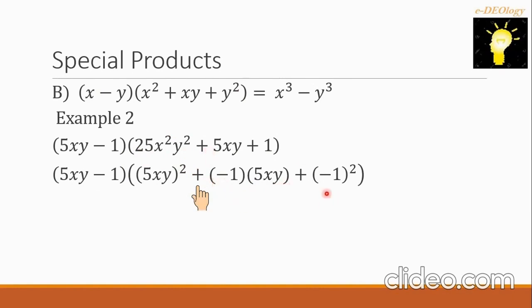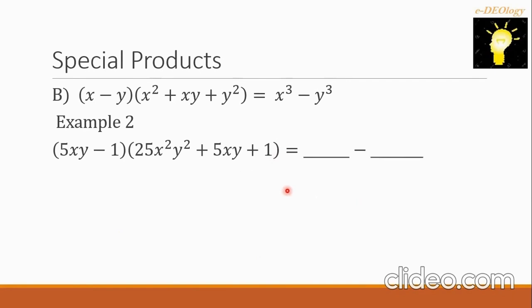Let's see the third. The third criterion, we should show that this 1 here is the square of the negative 1. So if this negative 1 is squared, it will go to positive. So again, the third criterion is checked. It means to say the pattern is met.